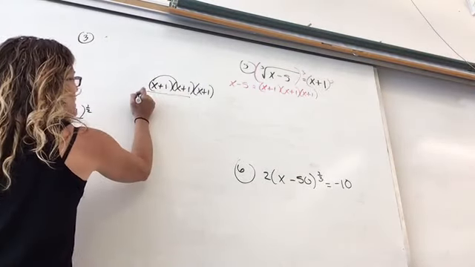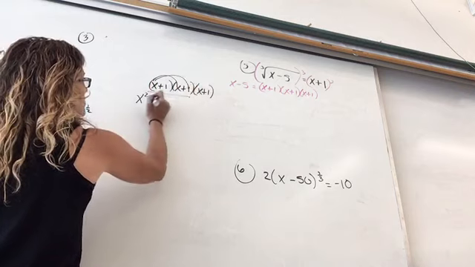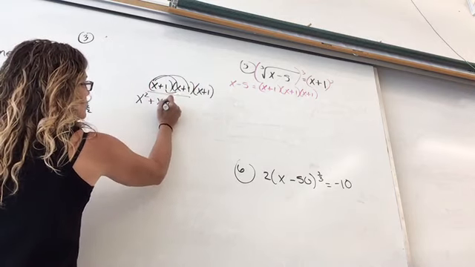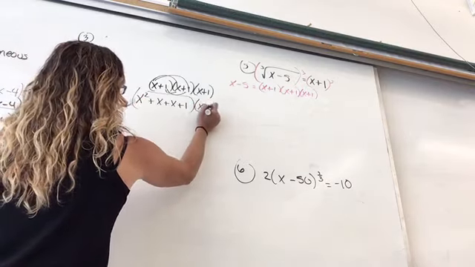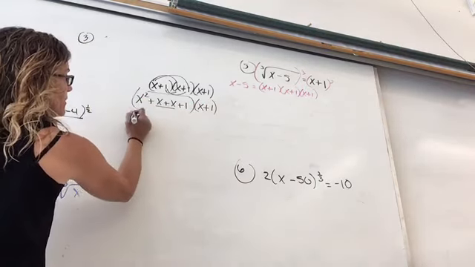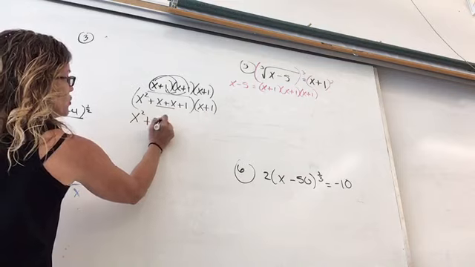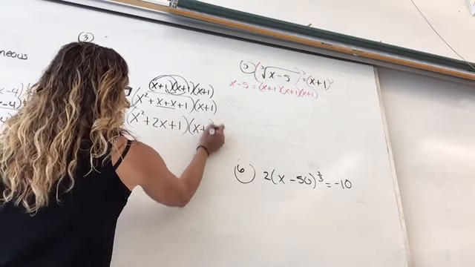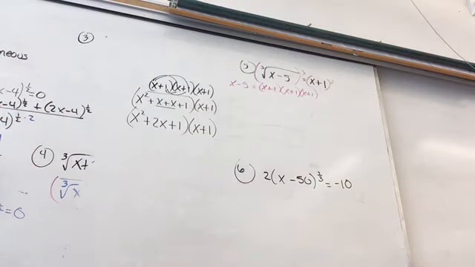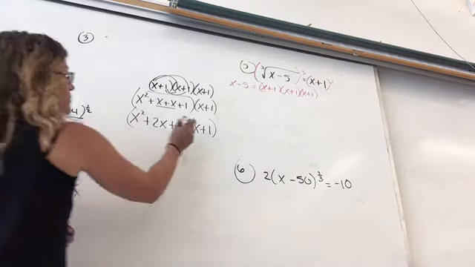We're going to FOIL, so that's x squared plus x plus x plus 1. I'm going to simplify by combining like terms, so x squared plus 2x plus 1 times x plus 1. And again, I'm going to distribute this through.